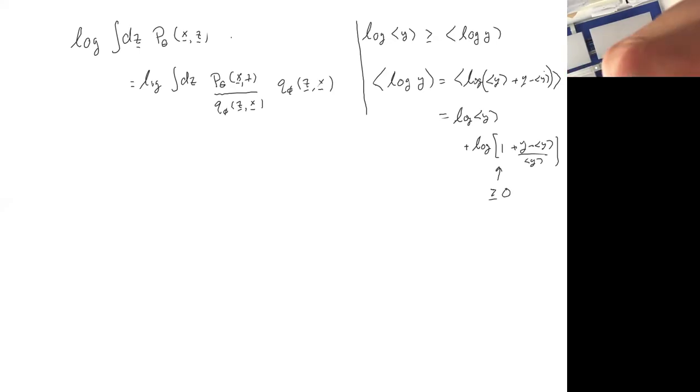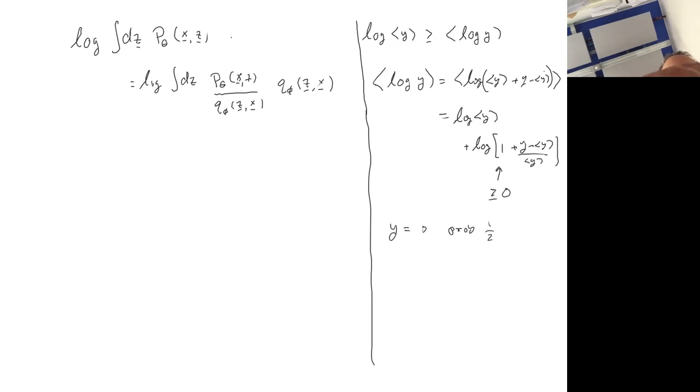Not hard to show. And you can always remember this because the way I remember it is: let's say y equals 0 with probability 1/2 and 2 with probability 1/2.